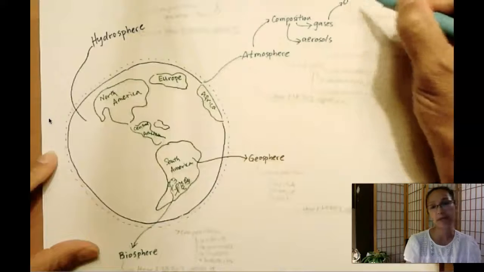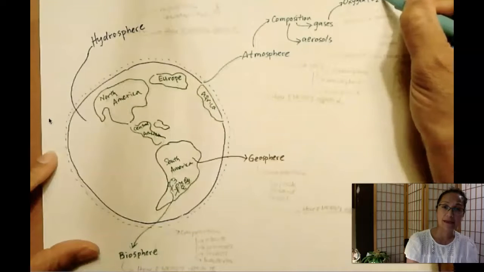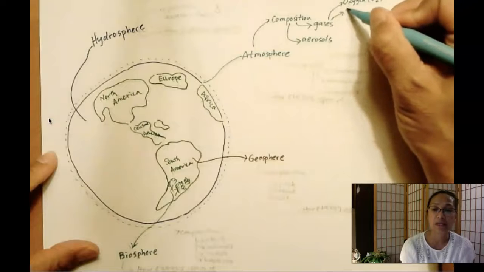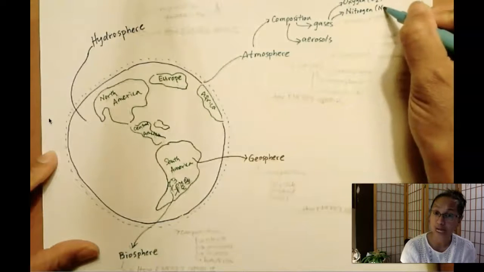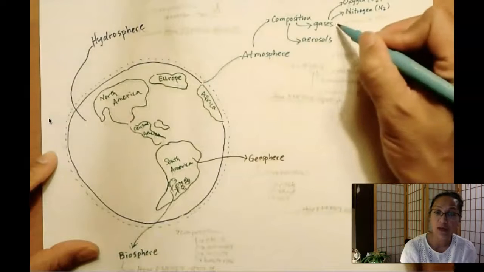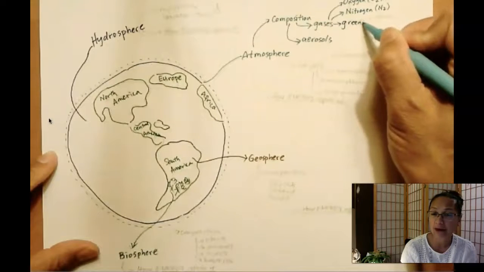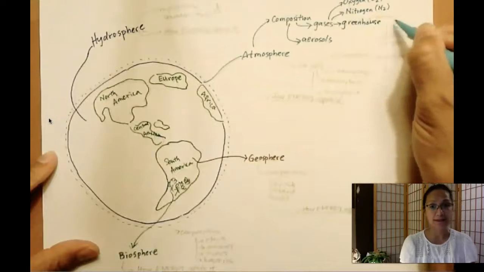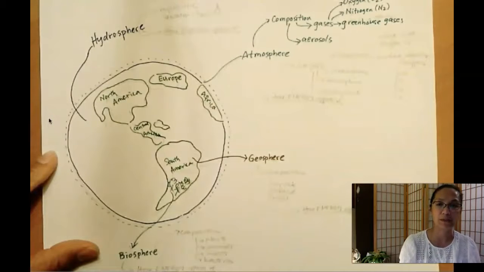Gases would mainly be oxygen, and the chemical symbol for oxygen is O2, and then there's also nitrogen, which is N2, and then there are trace amounts of greenhouse gases, and we'll talk about greenhouse gases more in the coming weeks.